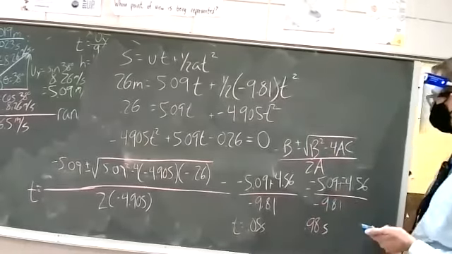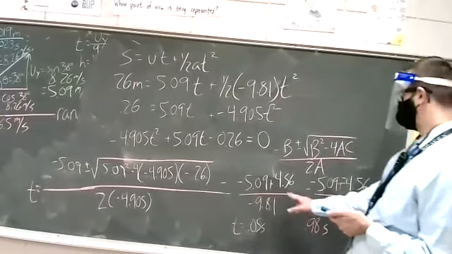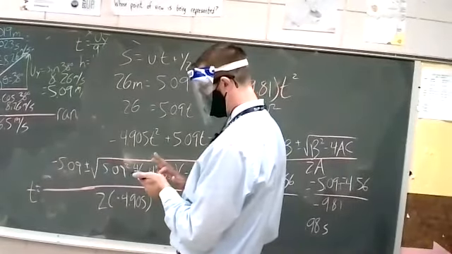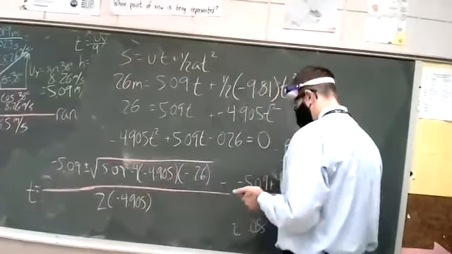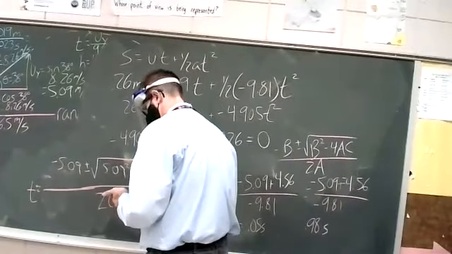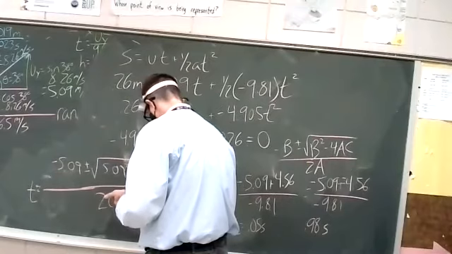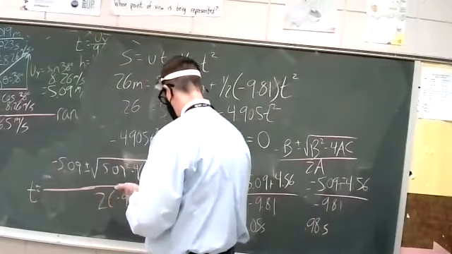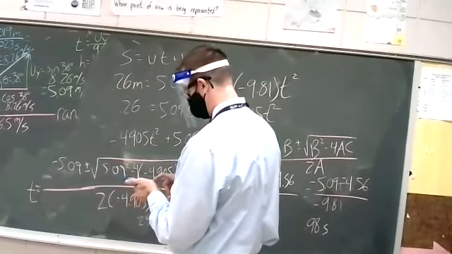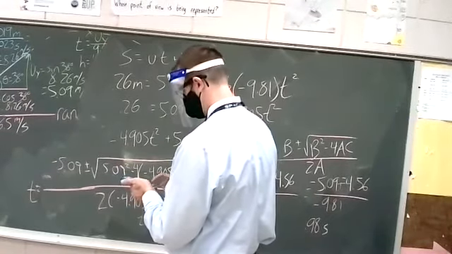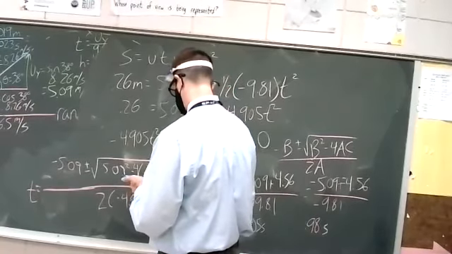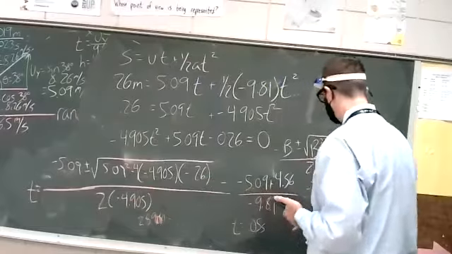Okay. 5.09 squared, 25.919081. 4 times A, yeah, 20 something, whatever.